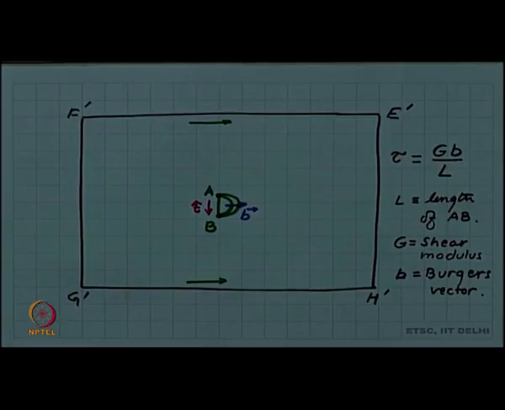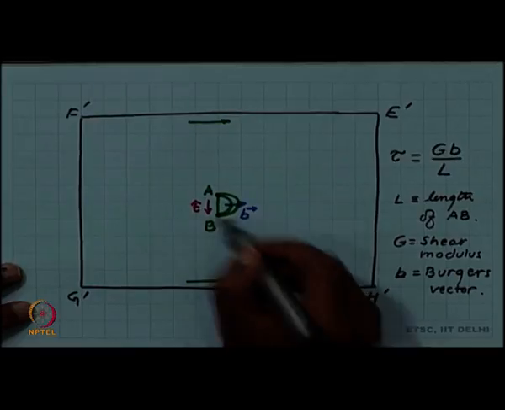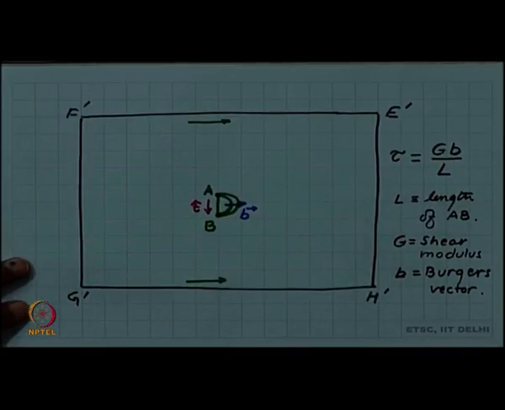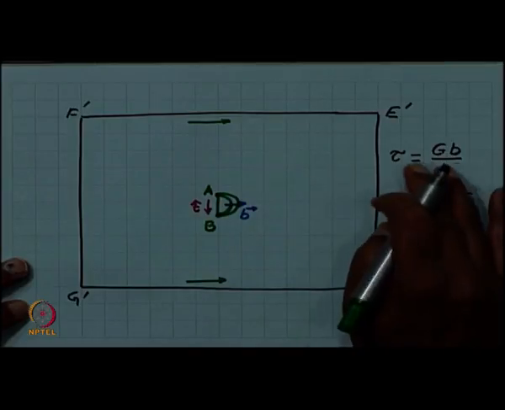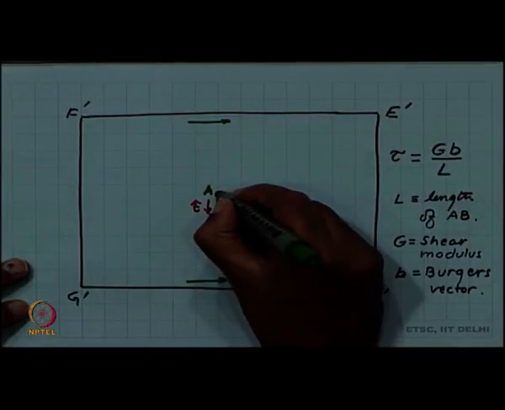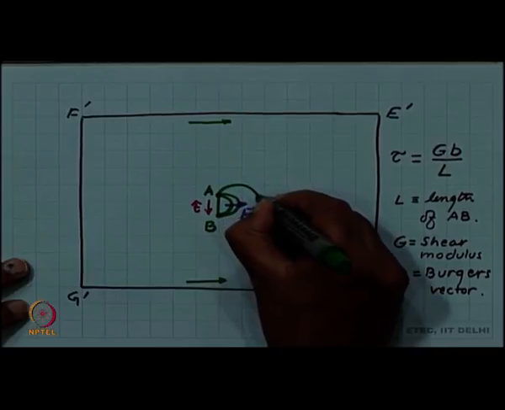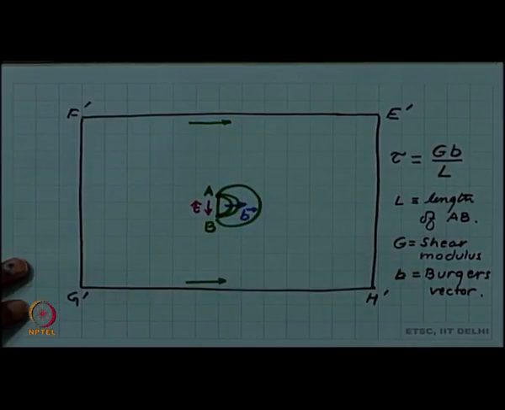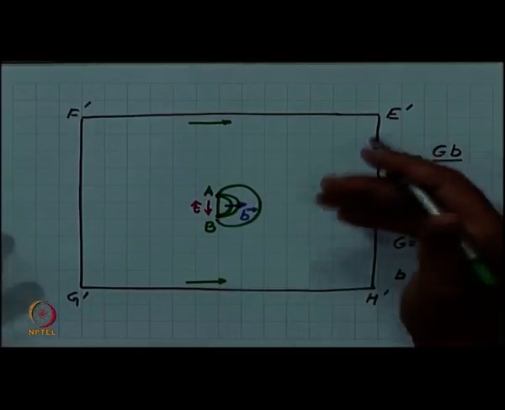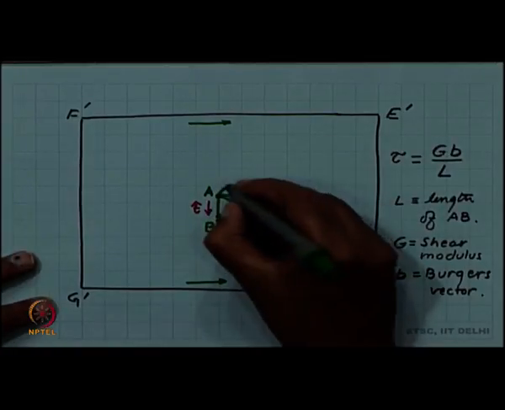And it has also been shown that after it has become semicircular, no further stress increase is required. If this stress is maintained, this semicircular dislocation will keep expanding into larger and larger loops.